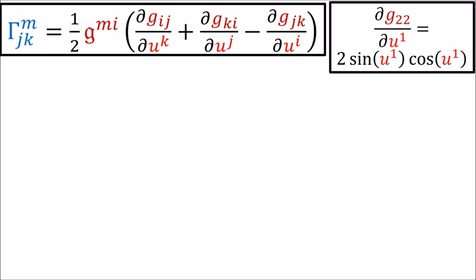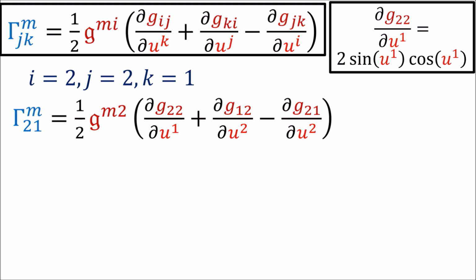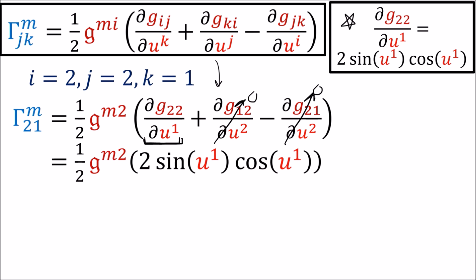So given these two facts, let's compute the Christoffel symbol for i equals 2, j equals 2, k equals 1. So we sub in 2 for i, 2 for j, and 1 for k. Now this derivative is the special non-zero derivative we have here, partial g22 by partial u1, and all the other derivatives go to 0.